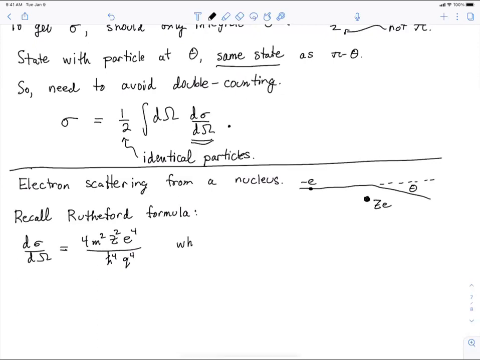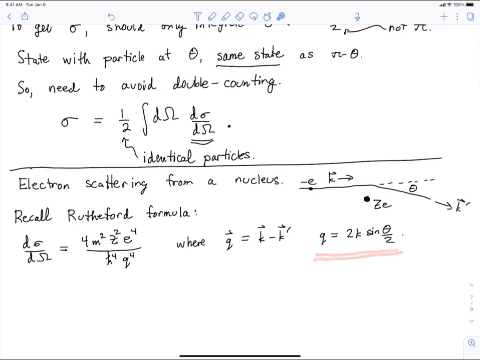And in discussing this, I'm going to use this notation where q is the initial k minus the k prime. So this is k to start off with. This is k prime in the final state. And so we worked out before that this was 2k times sine of the scattering angle over 2. And it's just going to be nicer to write everything in terms of that q today. We just remember that the angular dependence is built into the q.